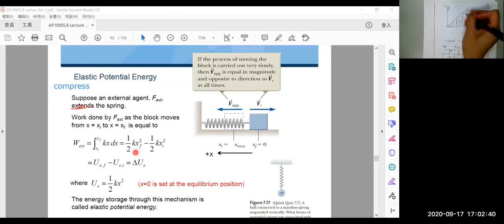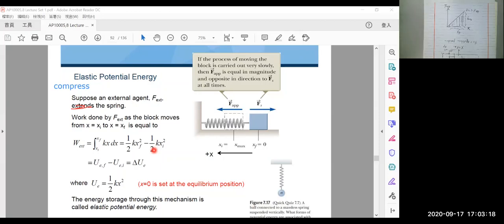Here the height is kx_f, for example, and if this is x_f, that would be the elastic potential energy stored at the position. Except if your starting point is xi, then it would already have some elastic potential energy stored. So the energy depends on the starting point as well as the final point.